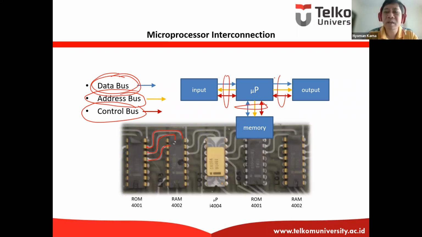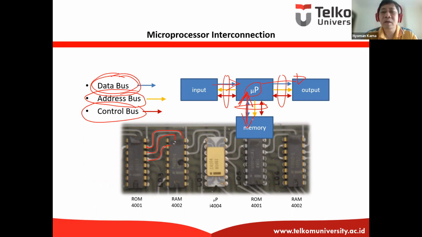As you can see here, the data bus from the input is connected to the microprocessor, and for the output, the data bus flows from the microprocessor to the output. For the memory, the data bus is two-way, because the microprocessor can write into the memory and also read from the memory.